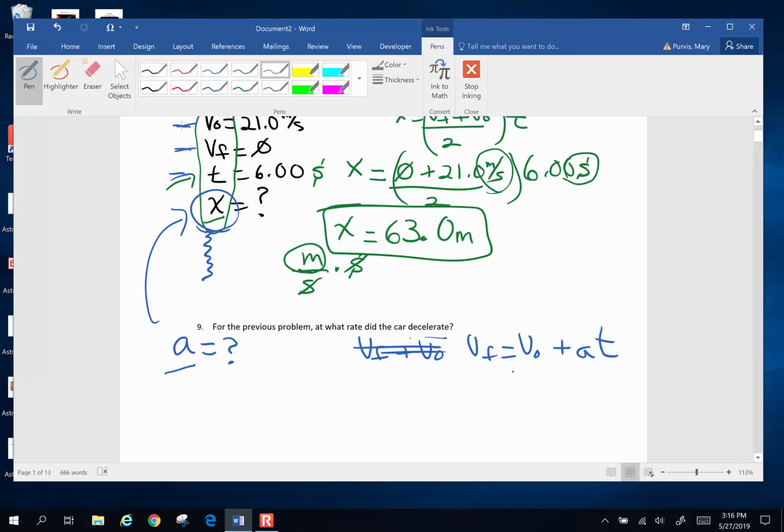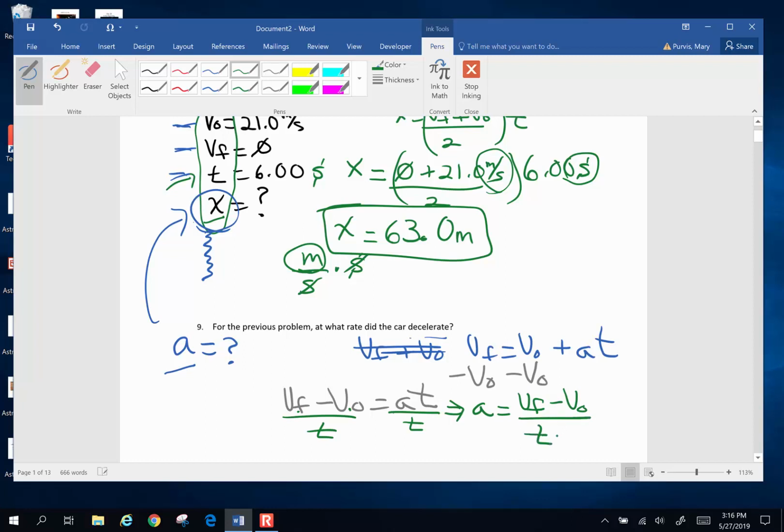To get acceleration alone, I'm going to subtract VO from both sides. So I'm going to end up with VF minus VO equals AT. To get acceleration all by itself, I'm going to divide both sides by T, and that's going to give me an acceleration is going to be VF minus VO divided by time.